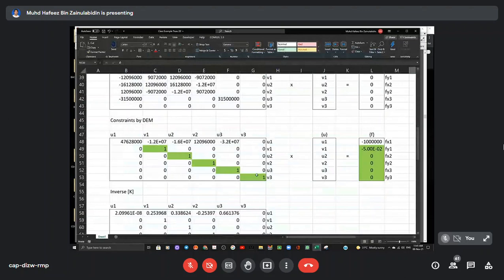Now we go back to the equation. First V1, remember 50 millimeter downward, we want to put the constraint. So V1, this is the location. When we want to apply the constraint, we look at the label.